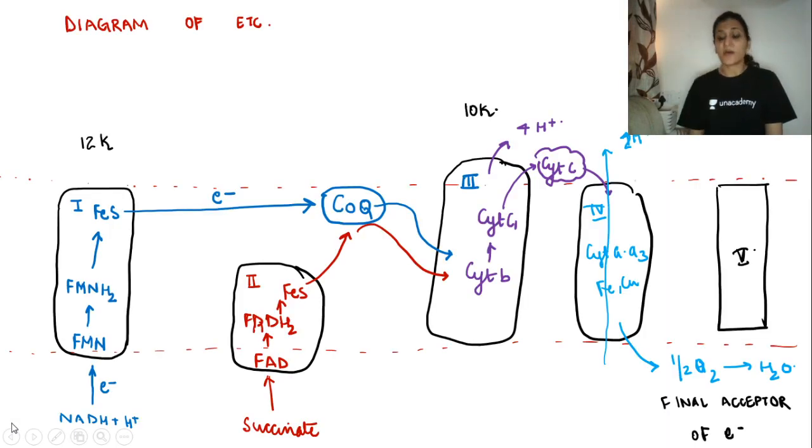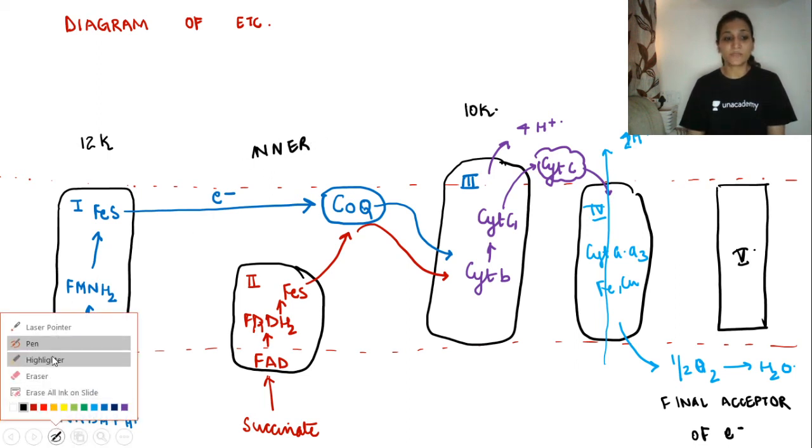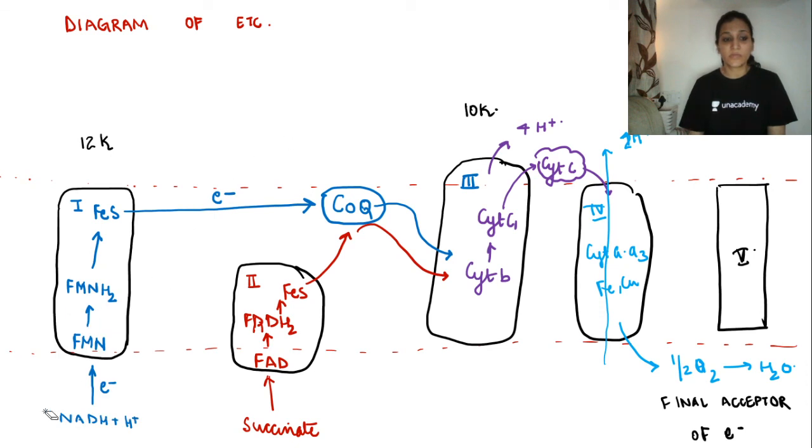So 10 hydrogen ions are pumped out across the inner mitochondrial membrane into the intermembrane space. This is how the whole thing occurs, assisted with liberation of energy.